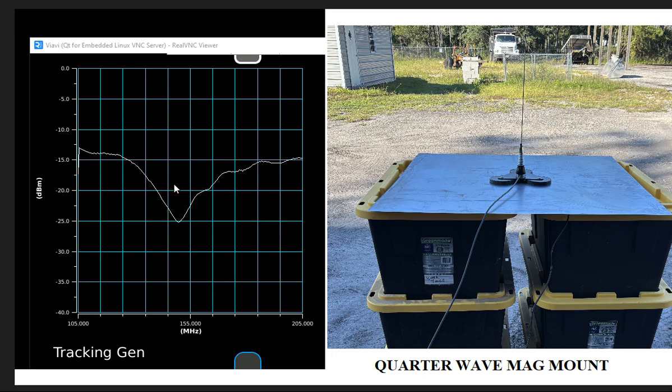It's good as a receiver, but you don't want to use it as a transmitter because it ends up radiating off the coaxial cable. The current's got to go somewhere, so it doesn't have the ability to dissipate through the rest of the metal. So it creates what's called a common current, and you don't want that. So avoid the mag mount for any transmitters.